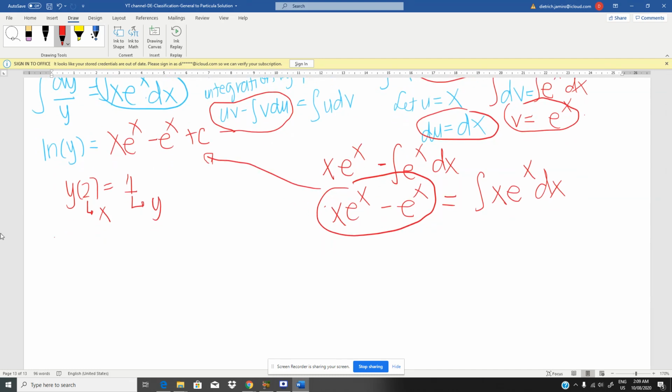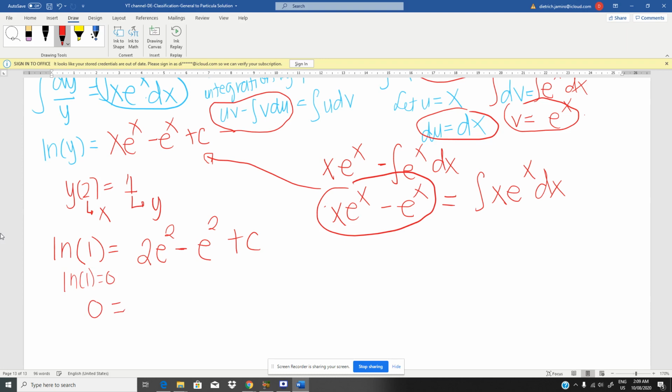So now we will have ln of 1 is equal to, since the value of x is 2, 2 times e raised to 2 minus e raised to 2 plus c. We know that ln of 1 is equivalent to 0.